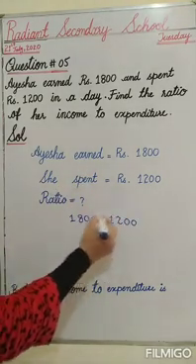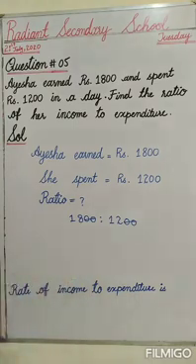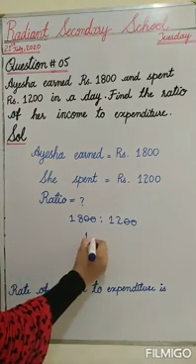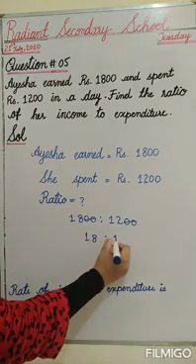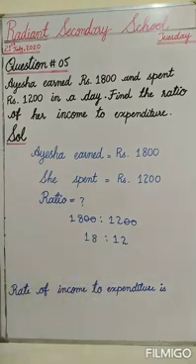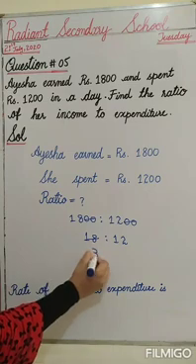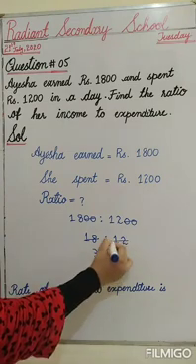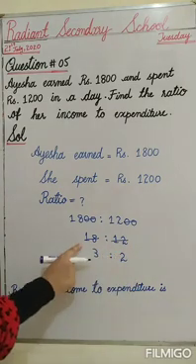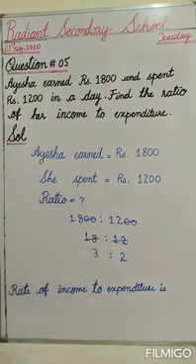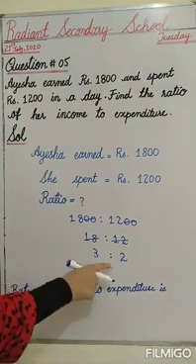Now do the cutting. These two zeros will cancel out. We are left with 18 and 12. Now do the cutting with the table of 6. 6 3 is 18. 6 2 is 12. We can do the cutting of 18 and 12 with the table of 2 as well, but I did it to make it shorter. 3:2.